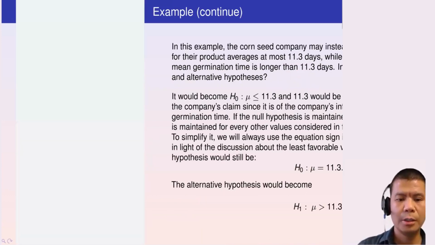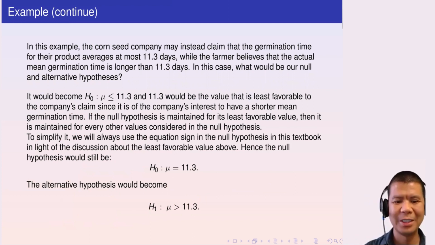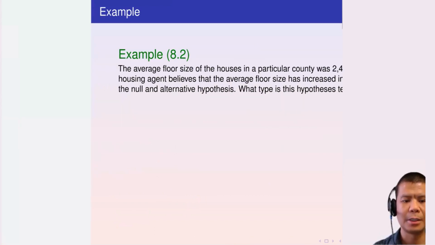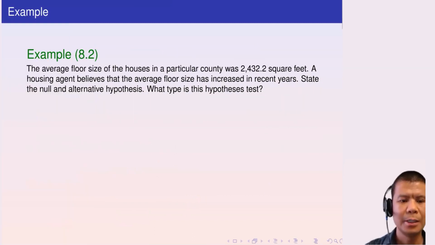Now, all right, let's consider another example. The average floor size of houses in a particular county is 2,432.2 square feet. A housing agent believes that the average floor size has increased in recent years.